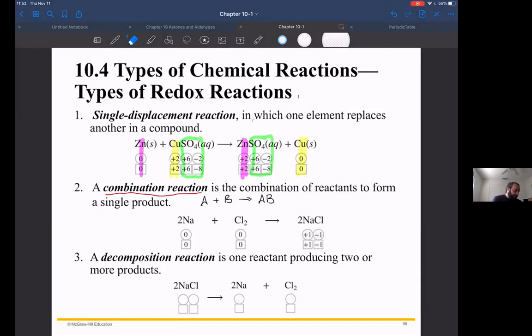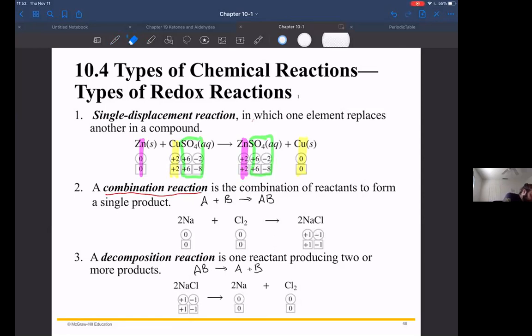Okay. Decomposition reactions are the exact opposite of combination reactions. This is where you have AB decomposing into its individual components, A and B. These are also redox reactions, again, because we're changing the oxidation state from one side of the chemical equation to the other side.